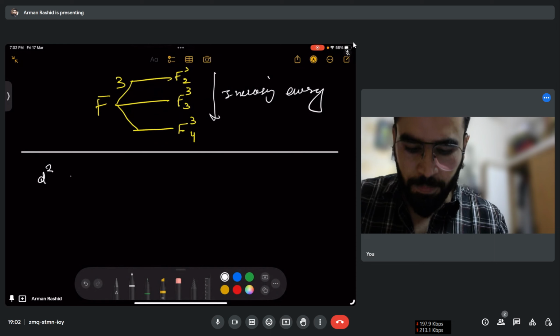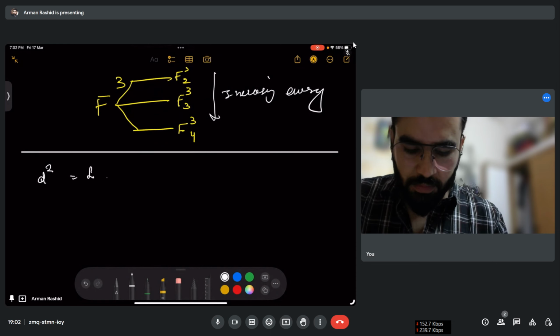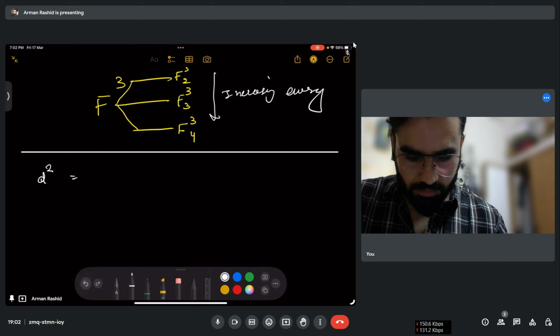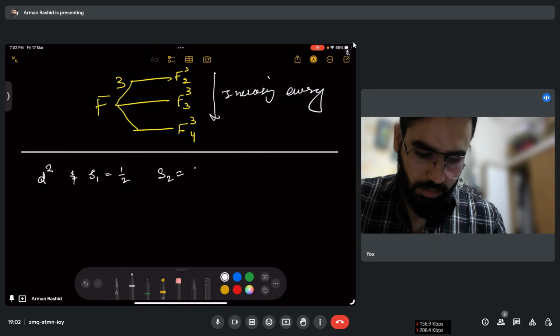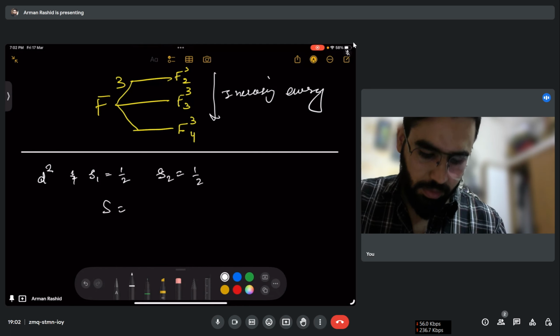If we take L, first we have to take S. So S1 is equivalent to 1/2, and S2 is equivalent to 1/2. Then the total S will be either 1 or 0.